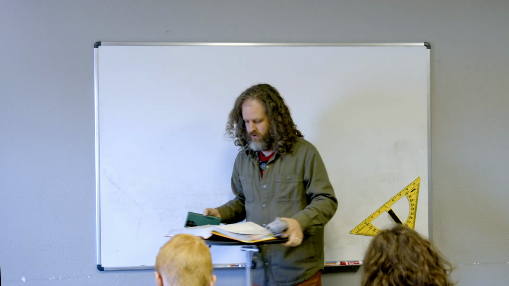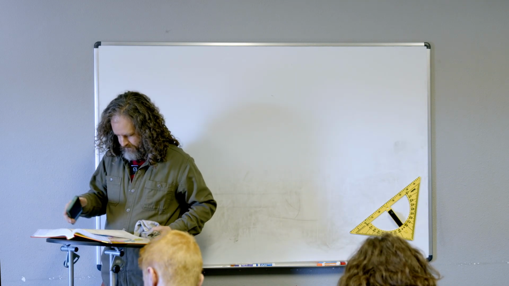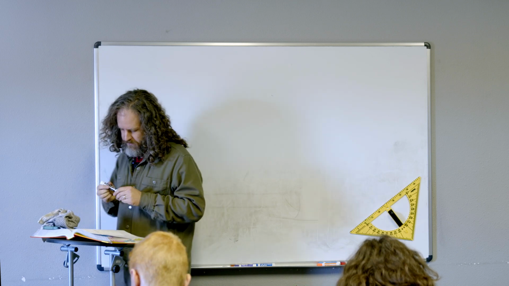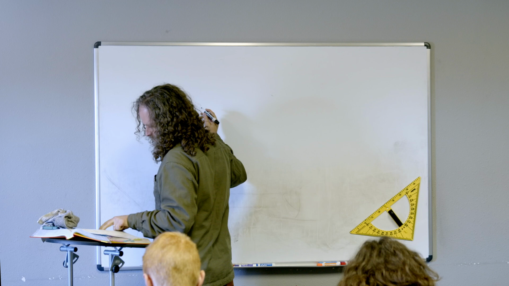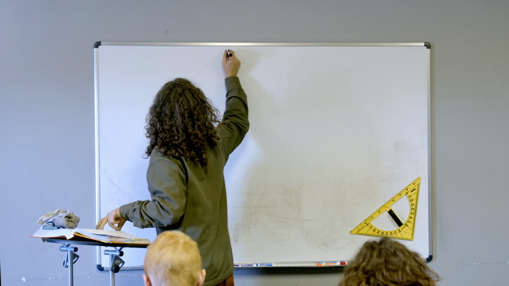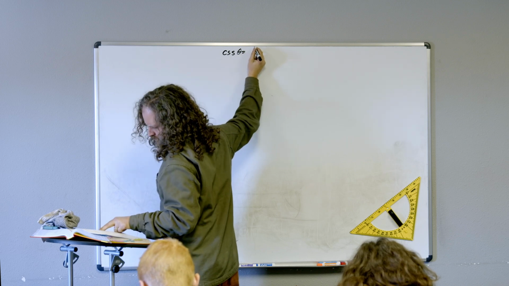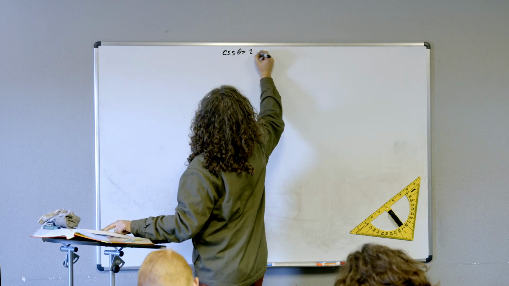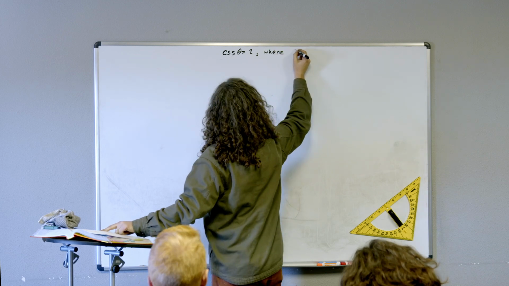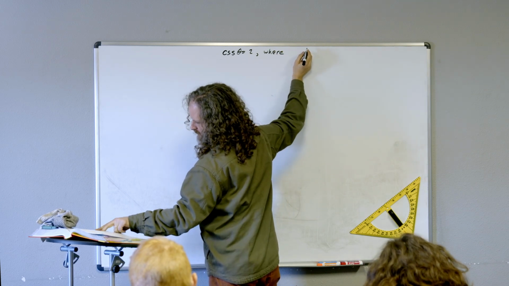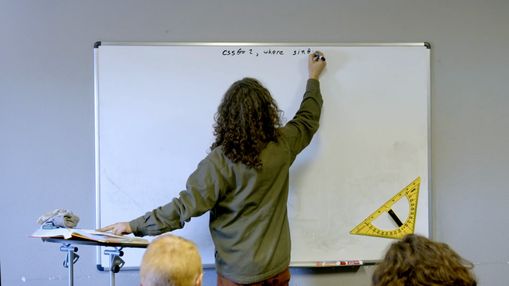Number 34. We're supposed to find the exact value of the 5 remaining trig functions of theta, where cosecant of theta equals 2. The conditions are just FYI kind of stuff, we're not trying to trick you.